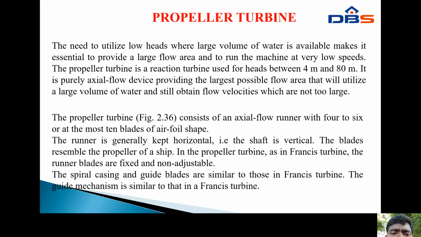It is a purely axial flow device, providing the largest possible flow area that will utilize a large volume of water and still obtain flow velocities which are not too large. The propeller turbine, as shown in the figure, consists of an axial flow runner with 4 to 6, at most 10, blades of airfoil shape.